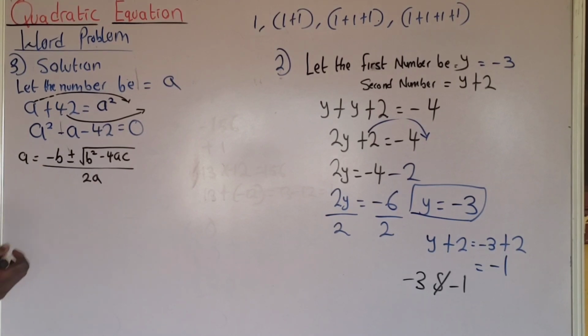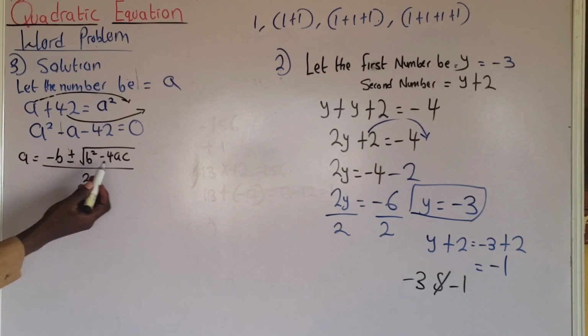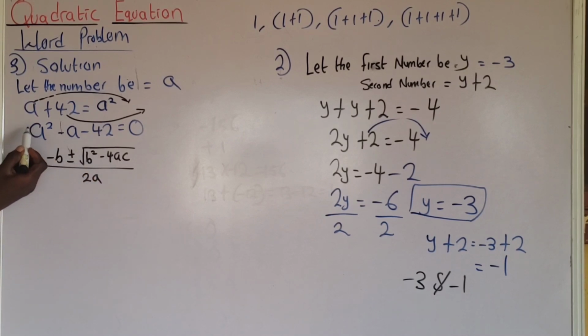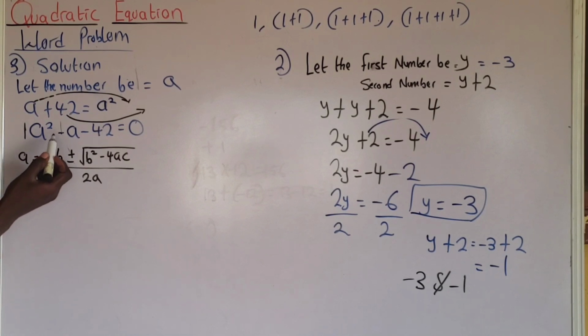In this case, the a that you see here is not the same as the a in the parameters of the formula. Here, a is the coefficient of a squared, and the coefficient of a squared is 1. Hello, please pay attention. b is the coefficient of a, and the coefficient of a is negative 1.